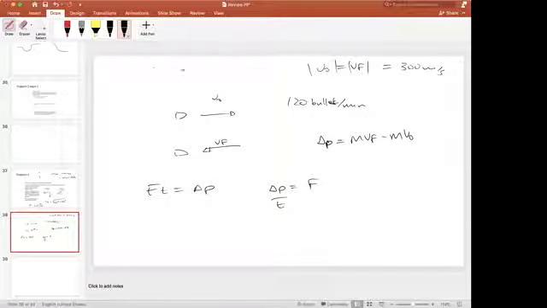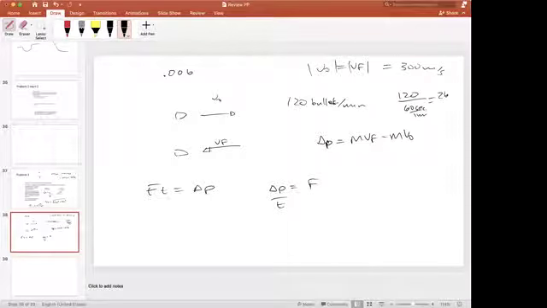If the mass of the bullet is given as like 0.006 kilograms, we could plug in the mass and the velocities and find that. Divide it by the time, and what we actually would multiply this by is 120 divided by 60 seconds in a minute, right?